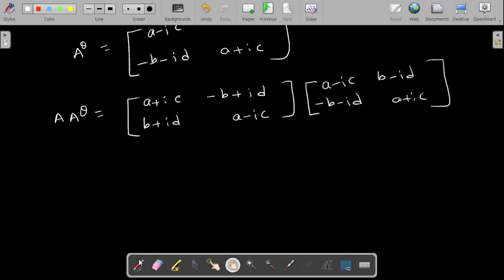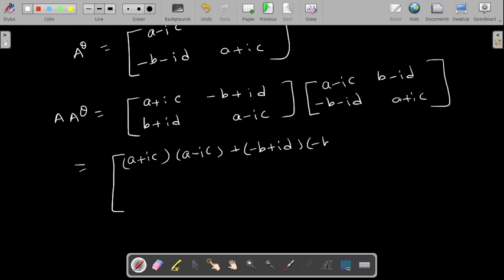So now you multiply both, row into column. So A plus iC into A minus iC, row into column. Next plus minus B plus iD into minus B minus iD.